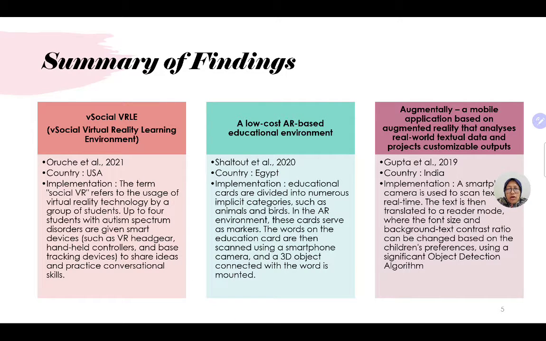Okay, the summary of our findings are, from the social VRLE, which is social virtual reality learning environments in 2021. Okay, the implementation: the term social VR refers to the usage of virtual reality technology by a group of students.